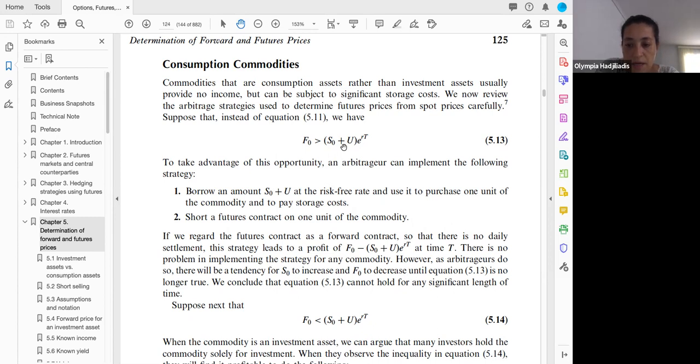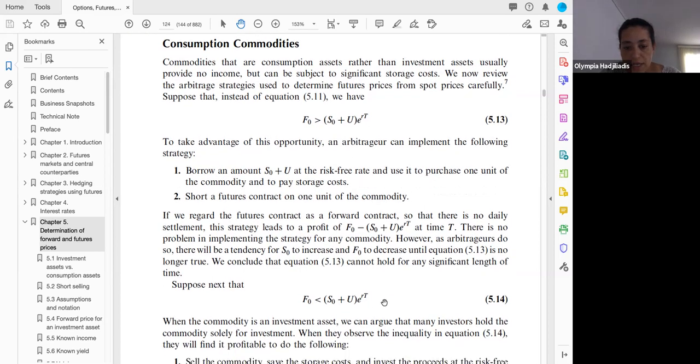However, as arbitragers do so, there will be a tendency for S0 to increase and F0 to decrease until equation 5.13 is no longer true. We conclude that equation 5.13 cannot hold for any significant length of time. So this inequality will not hold for a significant length of time.